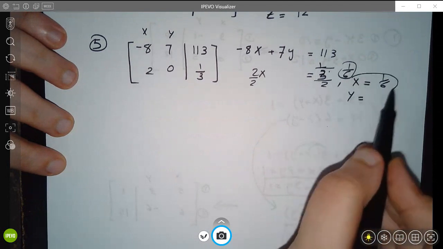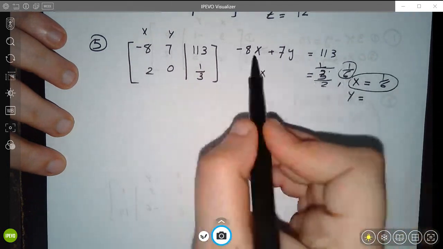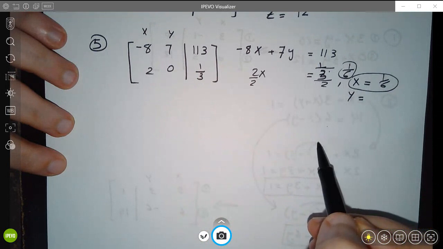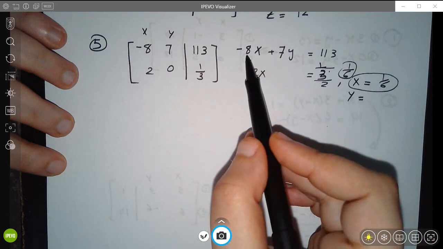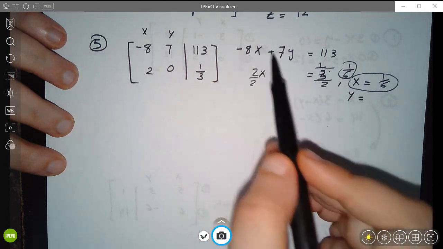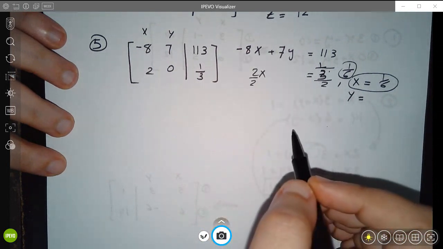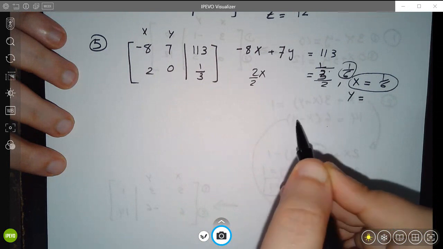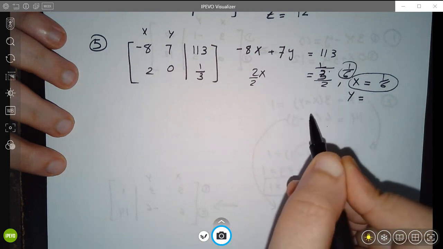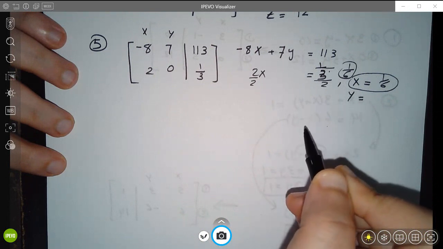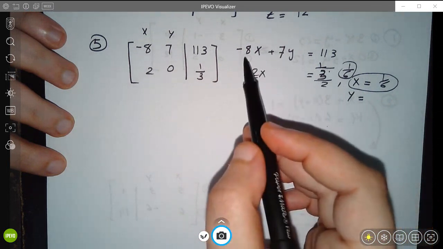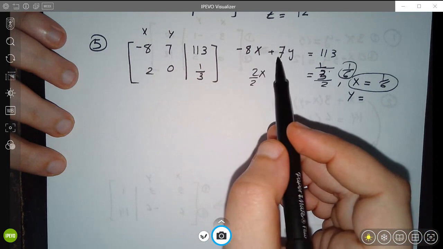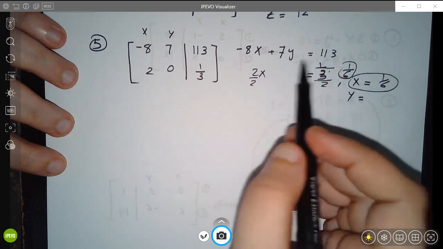And you grab that one, plug it in here to find what y is. So if you take 1/6 and you multiply it times -8, what do you get? -8/6. Simplify top and bottom, you get -4/3, right? So -4/3 plus 7y equals 113.